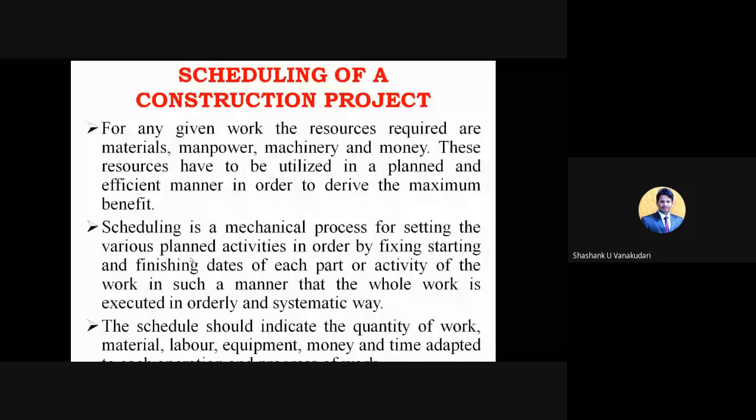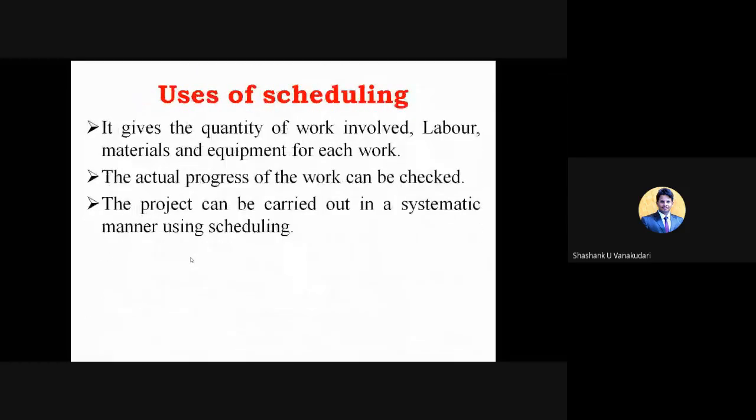Okay. So the usage of scheduling, why exactly do we require this? It gives the quantity of the work involved, labor, materials, and equipment for each work. So if you have adopted the scheduling process in the construction management, it gives the exact quantity. Usually in the planning process, we'll be doing the estimation.